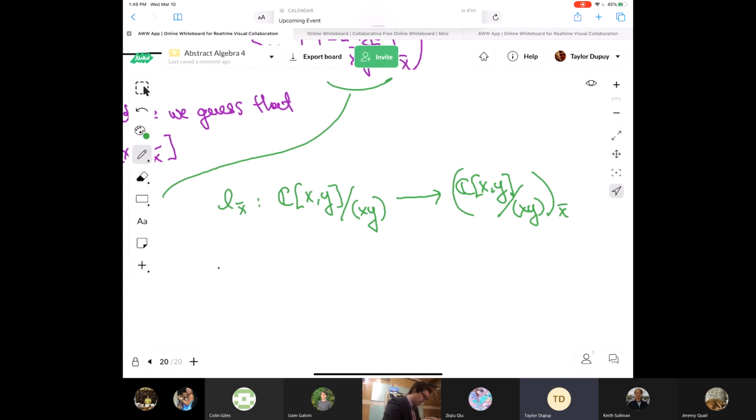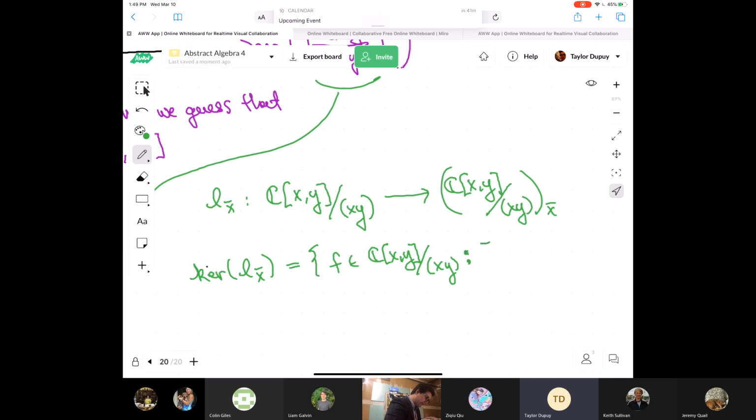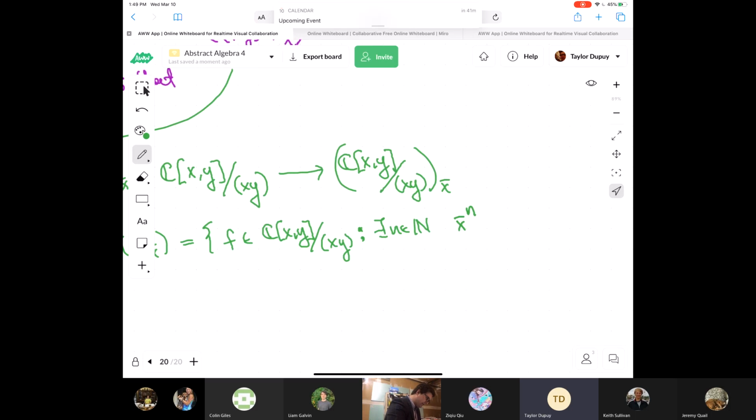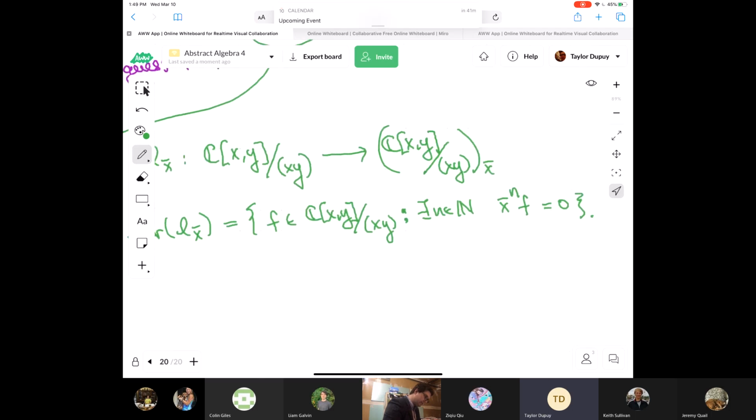The kernel of this is equal to the set of f in this ring such that there exists some n in the natural numbers where x bar to the n times f is equal to 0. Agreed? This is the multiplicative set.